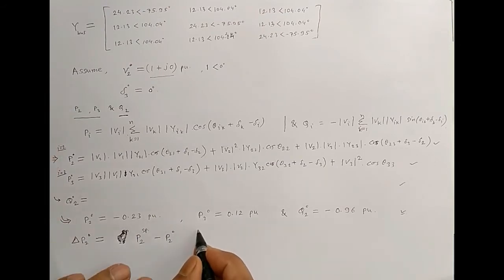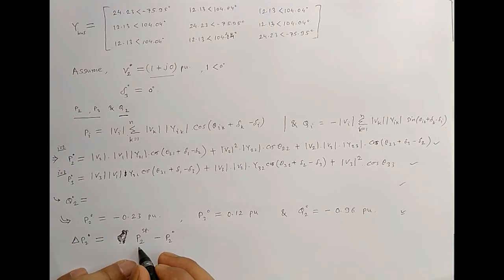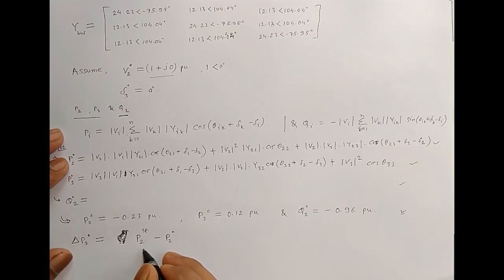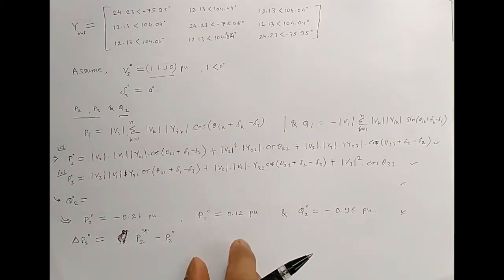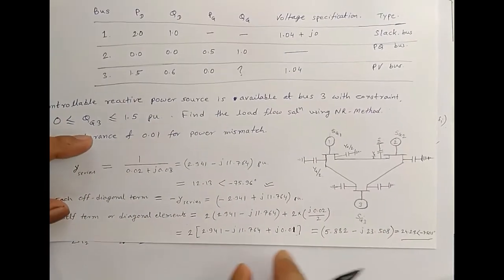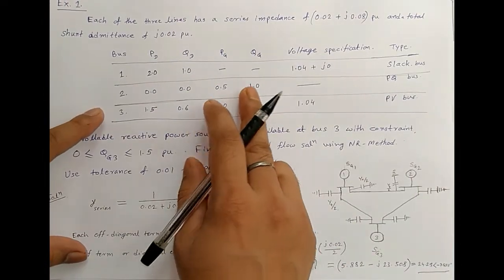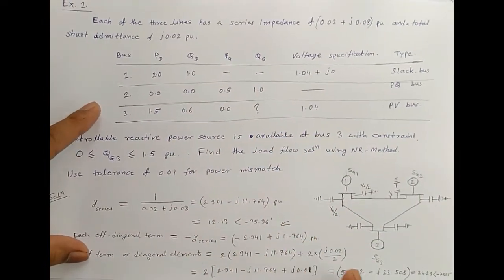Now what will be the specified values for P2, P3 and Q2? In the problem, these were the values of the specified things.